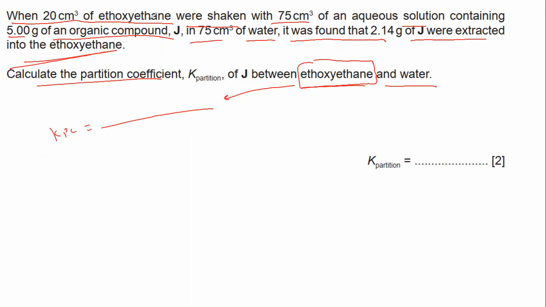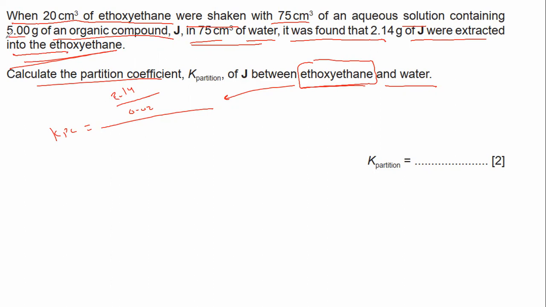20 centimeter cubic of ethoxyethane, so the volume here is 0.02. We divide by 1000. What's the mass? 5 grams of organic compound G in 75 centimeter cubic of water. It was found 2.14 of G extracted into ethoxyethane. So here we have 2.14, right?